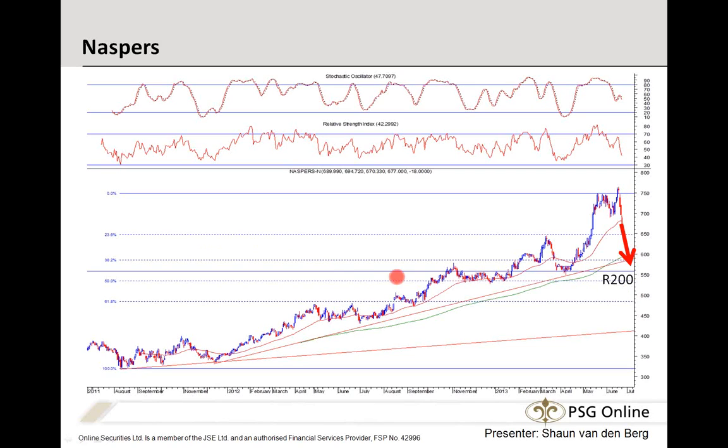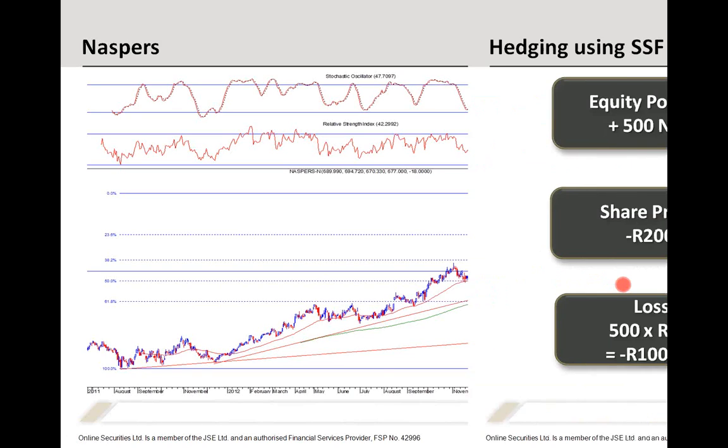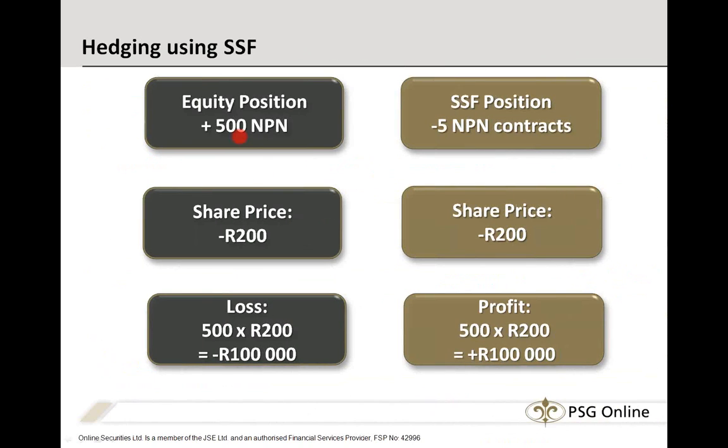And this is all technical. We anticipate a pullback to at least the 50% retracement level. Now, from 750 to 550, that's a 200 Rand drop. Now, if you've got sizable holdings in NASPAS, for example, I might be holding 500 NASPAS shares. If it's going to drop 200 Rand per share, I've got a potential of losing 100,000 Rand on my long-term portfolio.